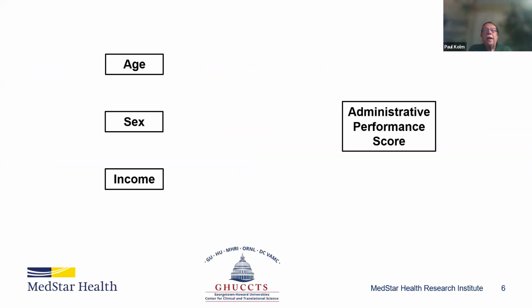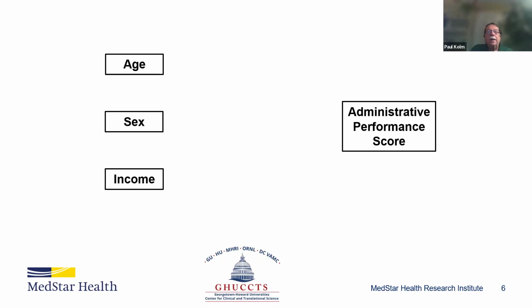So let's say that we have some outcome, we'll call it administrative performance score, and that we have three variables that we want to look at that might predict that score: age, sex, and income.